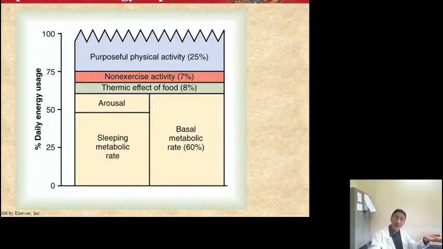And what do you mean by normal activity in the body? It is the normal breaking down of the carbohydrates, proteins and fats, so that the basic processes go on, basic enzymatic reactions take place, and for that 60% of the energy is used. A part of the metabolic rate is also reduced to a certain extent but utilized during the sleeping metabolic rate.